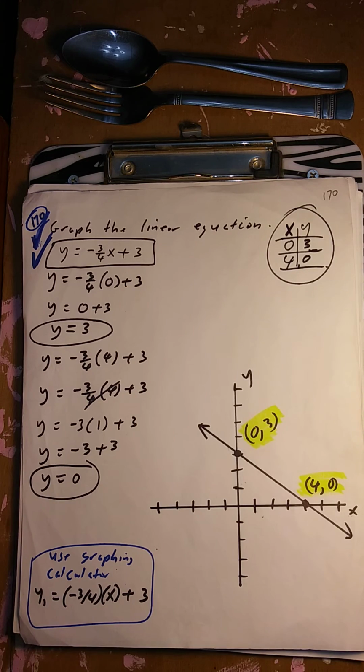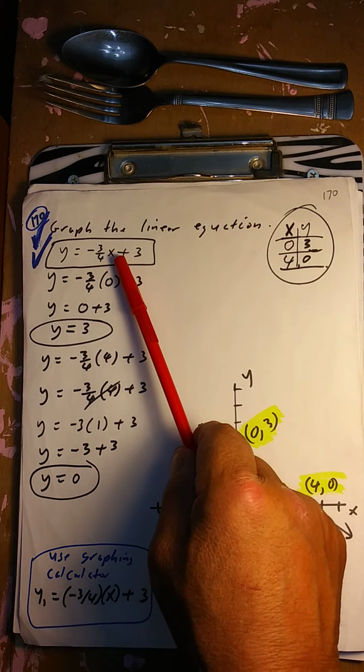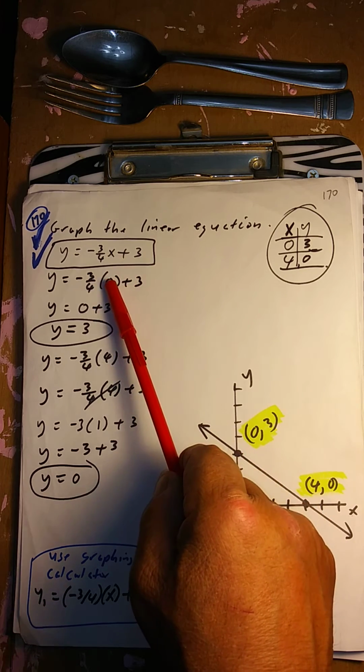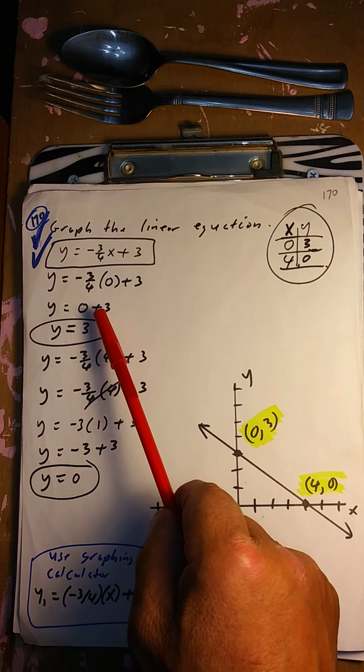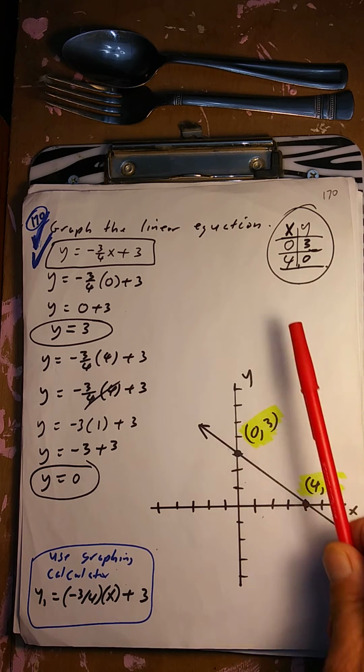Alright. Graph the linear function. I'll put some numbers in again. Put a 0 in there. 0 times that is 0. Plus 3 is still 3. So when I put the 0 in there, I get a 3. Now the next step is to put in 4.